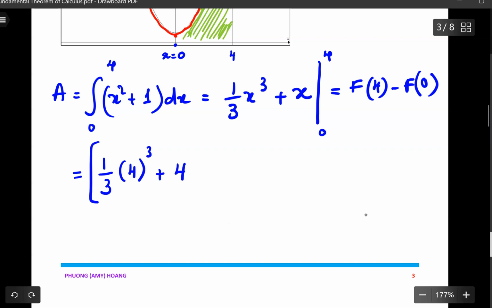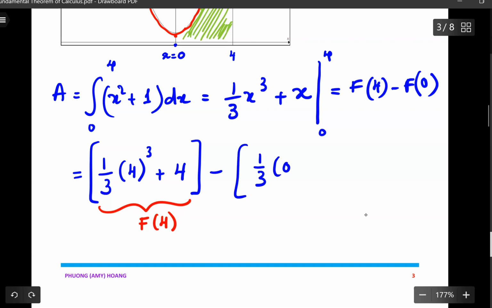So this is my first integral, evaluated at these values. This is my F of 4 in this case. Now I will subtract 1/3 times 0 to the exponent 3, plus 0. I know everyone realizes this is actually equal to 0.